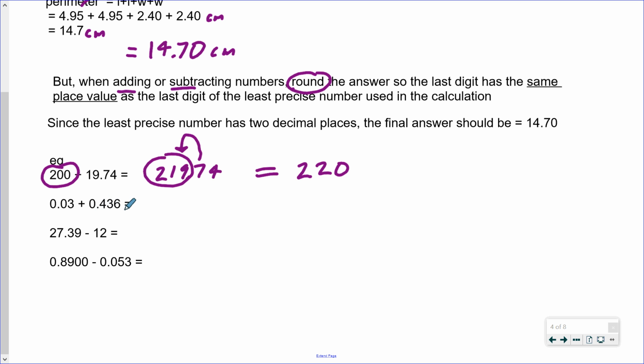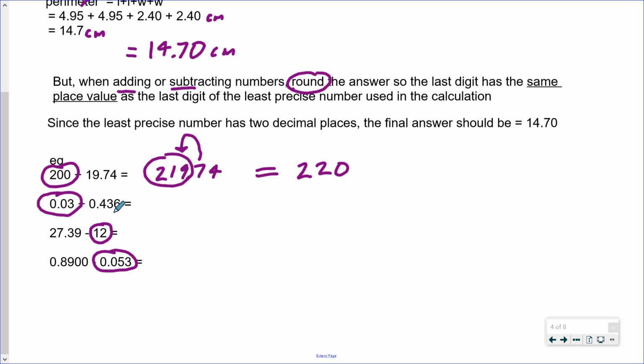This one goes to 3 decimal places, the 1,000th position. This one only to 2 decimal places, the 100th position. So this one is the least precise. This one to the 100th, this one to the whole, this one is the least precise. This one goes to 4, this one to 3, this one is the least precise. Okay, so we need to keep that in mind. We're going by the precision of the least precise number when we're recording our final answer.